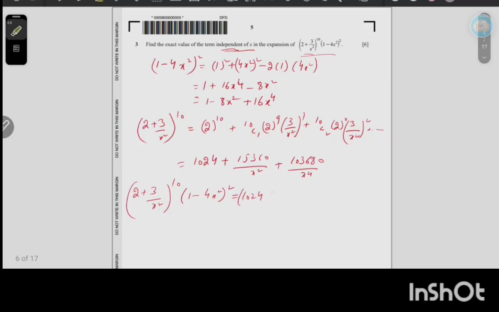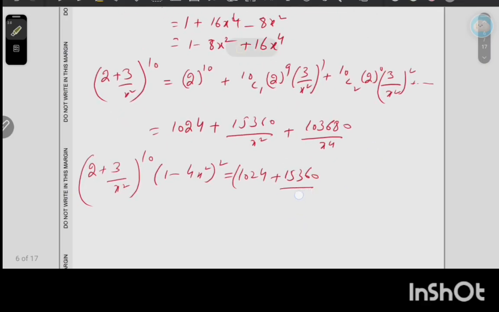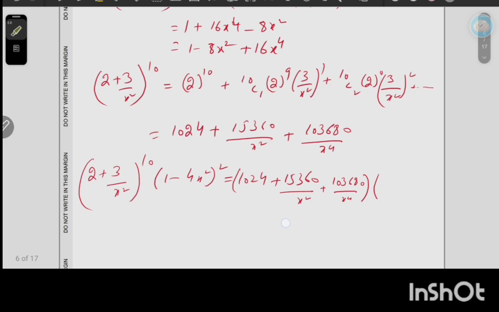1024 plus 15360 divided by x square plus 103680 divided by x power 4, multiplied by 1 minus 8x square plus 16x power 4. Okay dear friend, 1024 multiplied by 1 gives 1024.